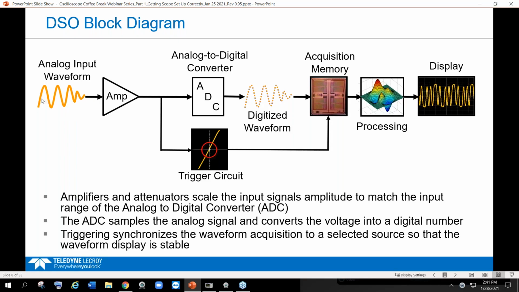If it's really large, we've got to attenuate it, otherwise the amp can't handle it. It depends also whether we're 50 ohm or 1 megaohm input impedance. If we have a large signal, we've got to reduce it so the amplifier can take it, and from there we'll attenuate and amplify as needed to get it in front of the ADC.